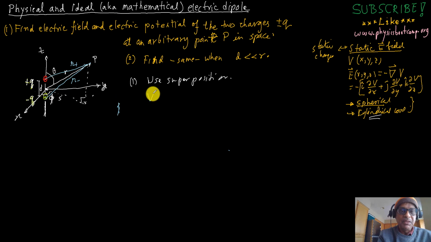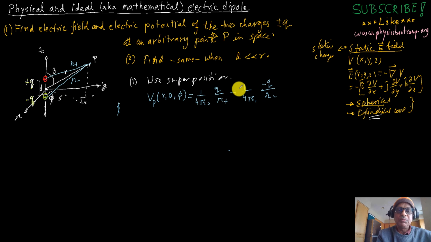So we'll have V at P, which is a function of r and theta. This won't be dependent on phi. So this is 1 over 4 pi epsilon naught q over r plus, plus 1 over 4 pi epsilon naught minus q over r minus. So that will be the answer.